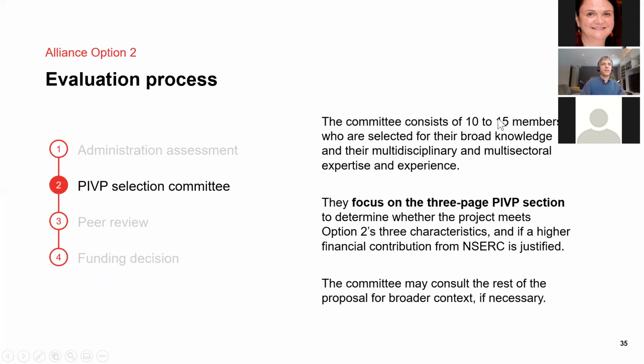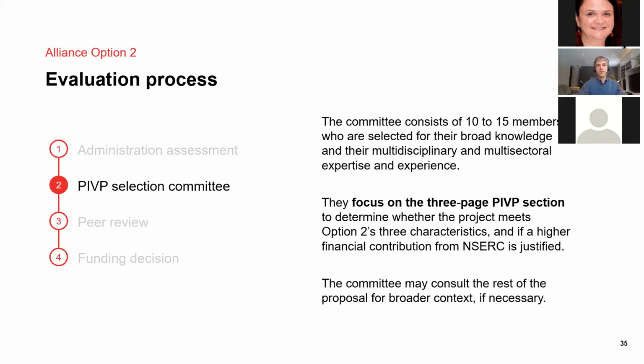So in the evaluation, the first step, there's a committee of 15 members, a broad knowledge and multidisciplinary committee that will act as a filter. They look at the PIVP and determine whether it fits option 2 or not. If it doesn't, then the proposal is rejected as an option 2, and you can choose to submit as option 1.